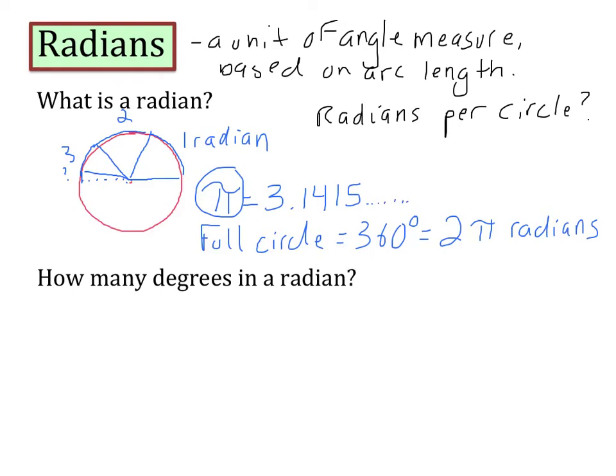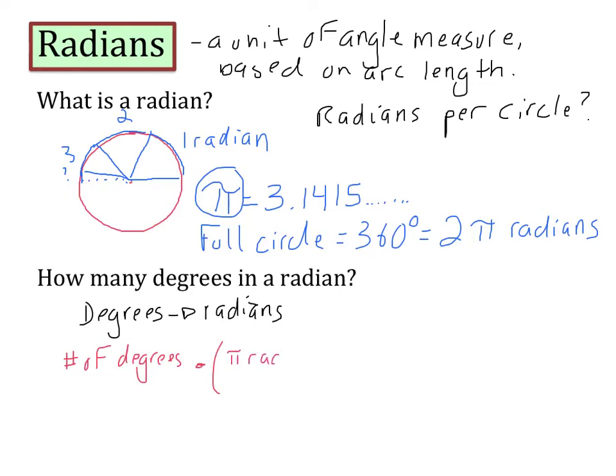So how do we convert from degrees to radians and backwards? Well, if we're going from degrees to radians, we take the number of degrees and multiply them by pi radians divided by 180.